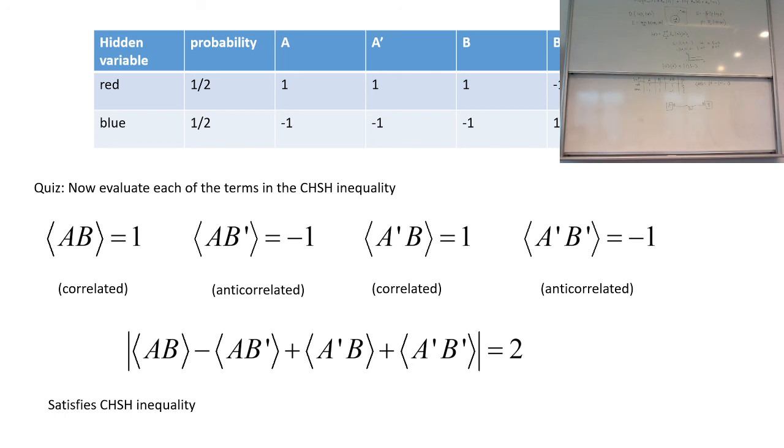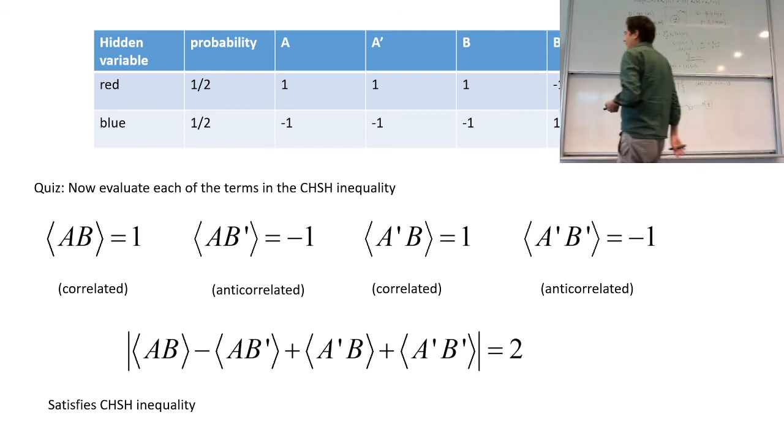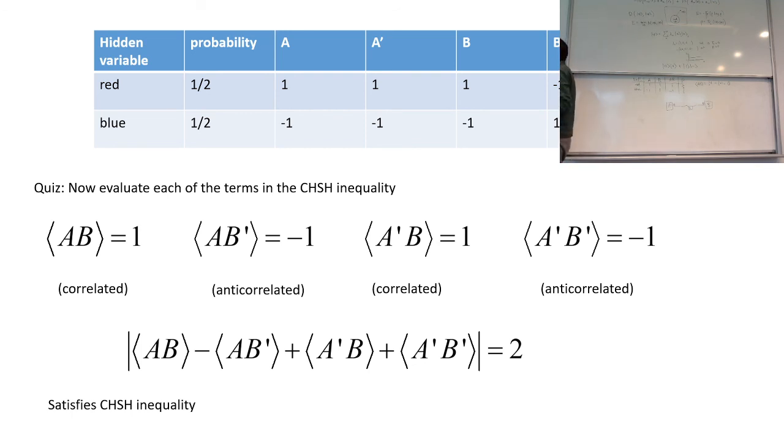So you want this to be 1, this one to be -1 to cancel out this one, this to be 1, and then this one to be 1. We were close there, but not close enough, because this one was -1. You can play around with this and try to figure out if there is some way of doing it. What you should find is that there's no way of choosing these functions so that it's bigger than 2.